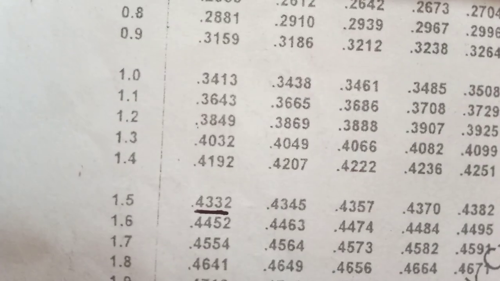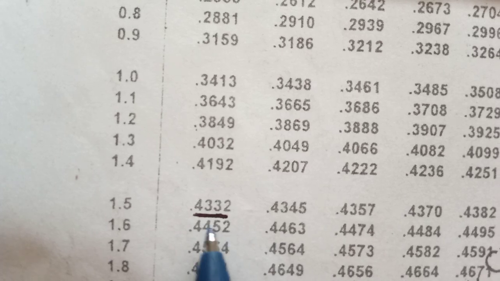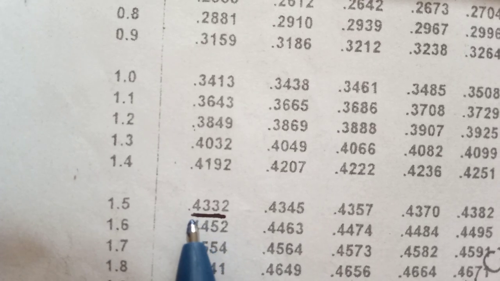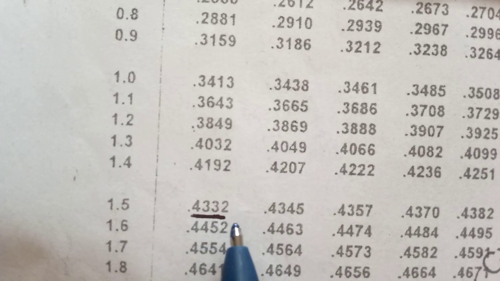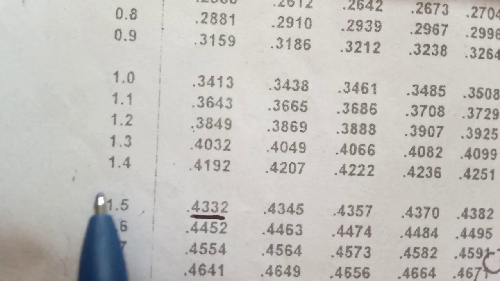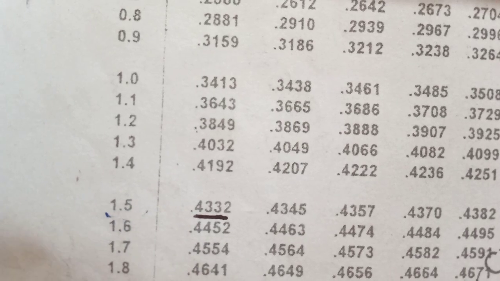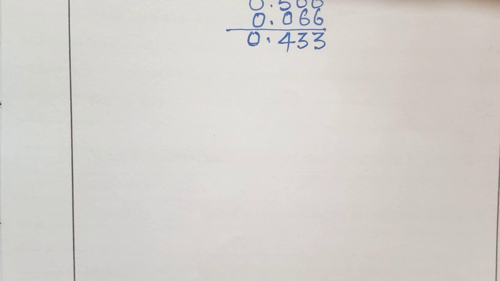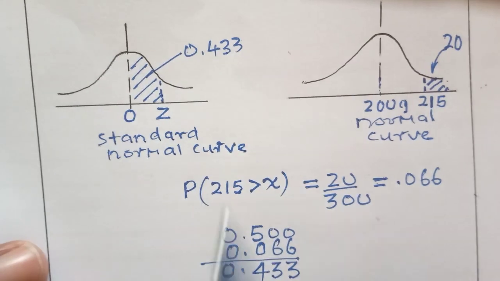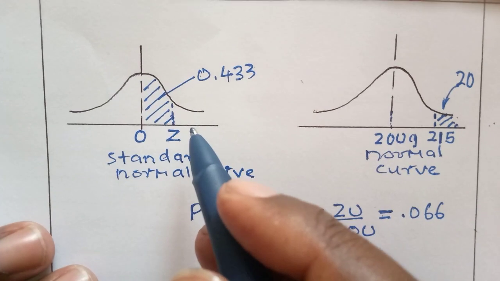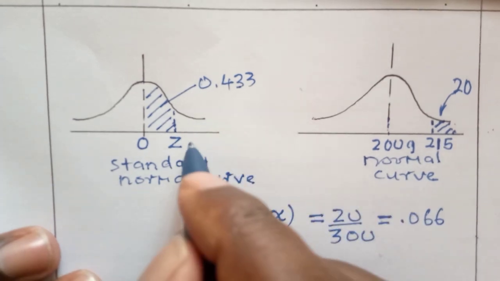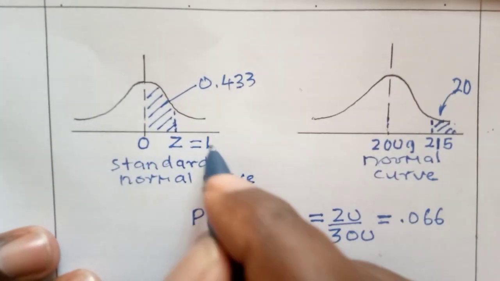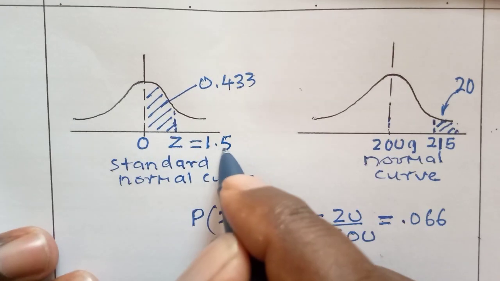The probability we have is 0.4332, so the Z is 1.5.